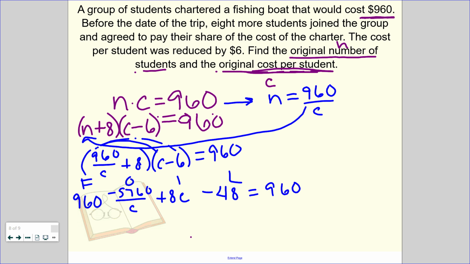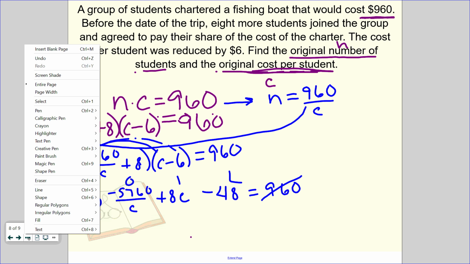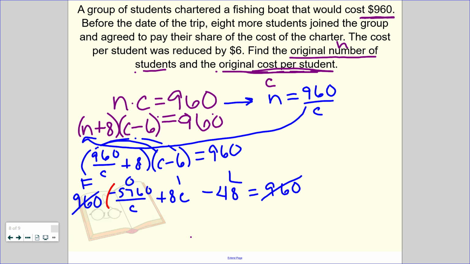Okay, notice my 960s cancel. So I have an equation now that's equal to 0. And making that even a little bit nicer, I'm going to multiply everything by C to get that C out of the denominator. So I have negative 5,760 plus 8C squared minus 48C equals 0.